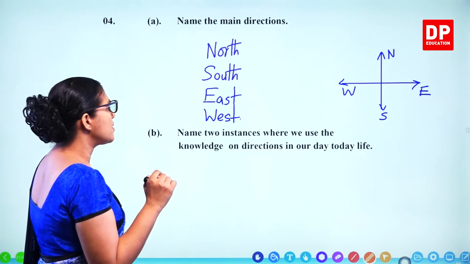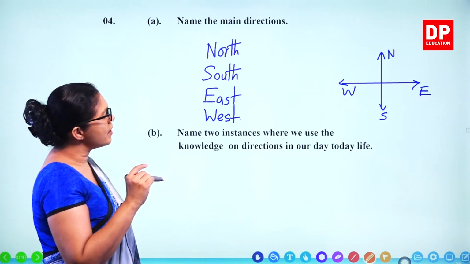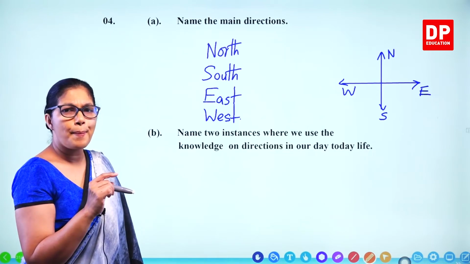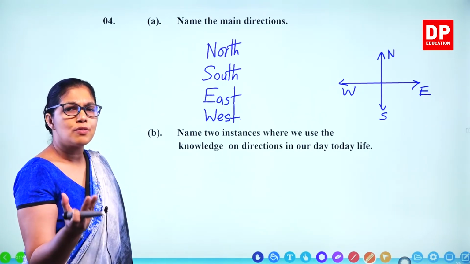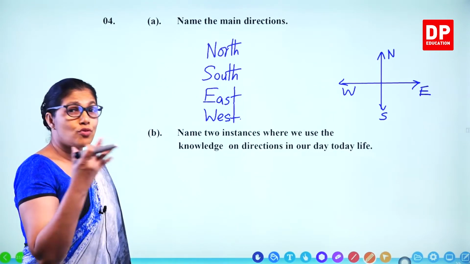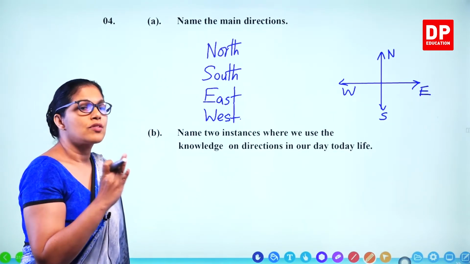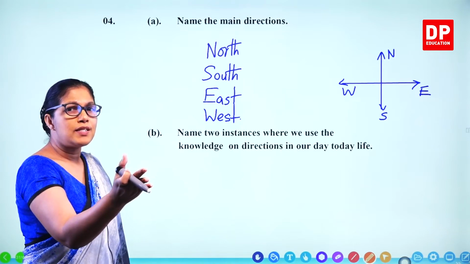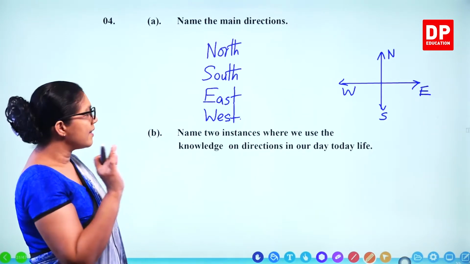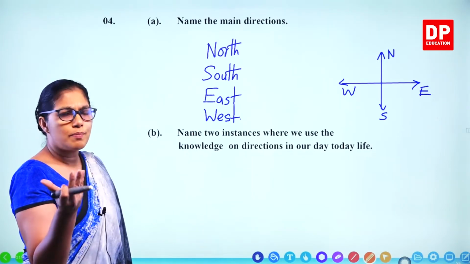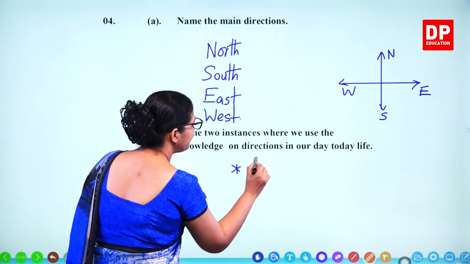Name 2 instances where we use the knowledge of directions in our day-to-day life. When you go to school, go to the market, wherever you need to go somewhere, you look at the directions. I have to go 50 meters to the right, you have to turn left, like that. So basically traveling.